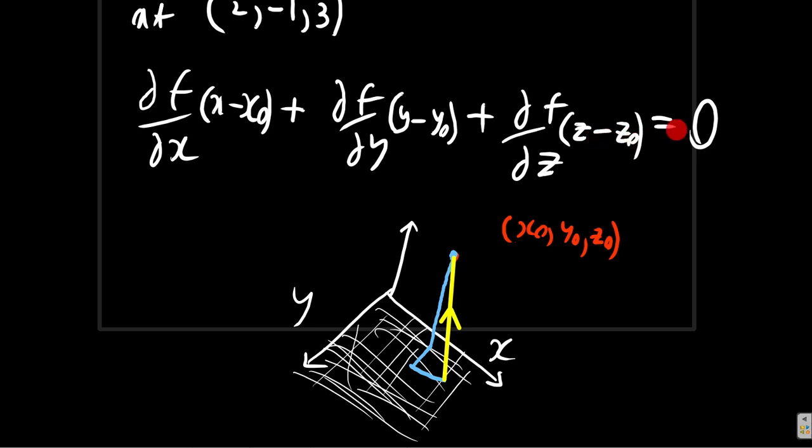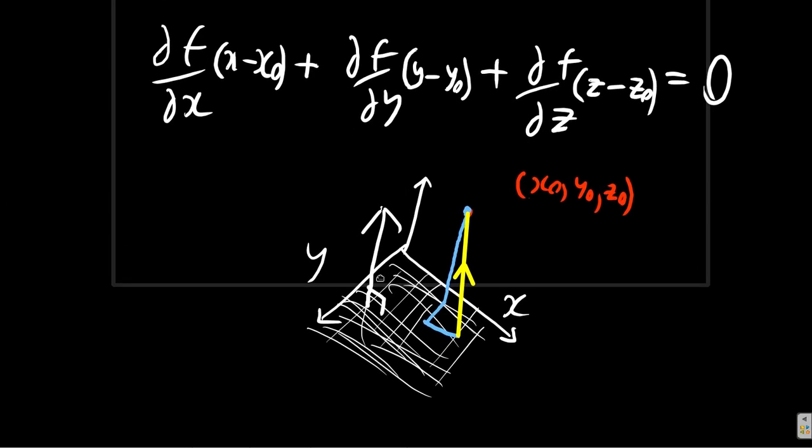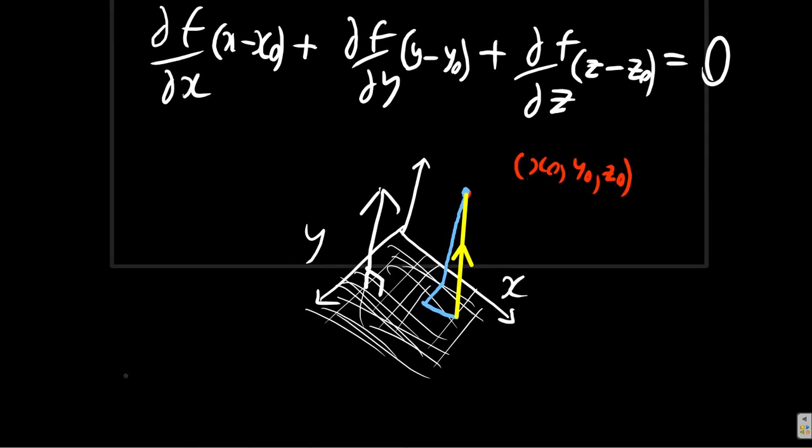So you see here, why is it equal to 0 again? Because if you consider a normal vector orthogonal to the plane, 90 degrees to any vector on this plane, the dot product between this normal vector and any vector on the plane would be 0, right? Because they are at 90 degrees. So it would be like you have this normal vector n equal to a, b, c, and it's a vector.